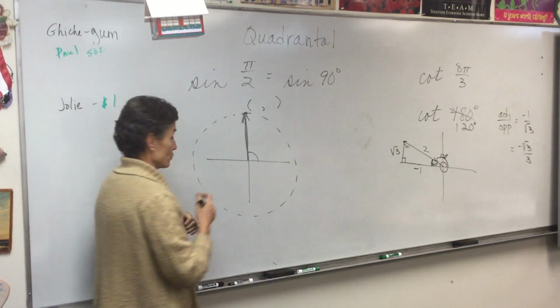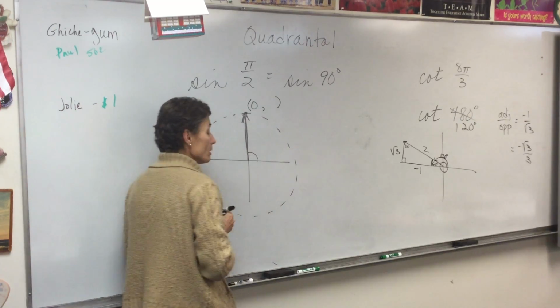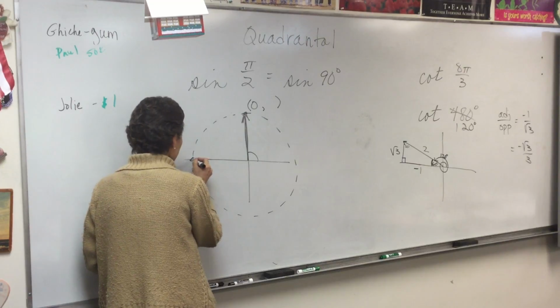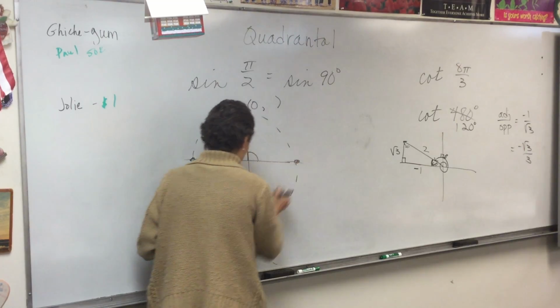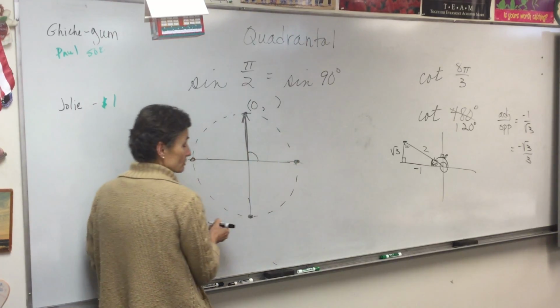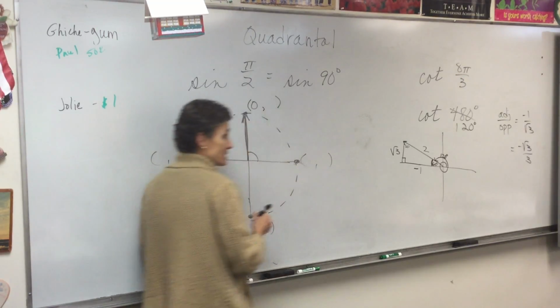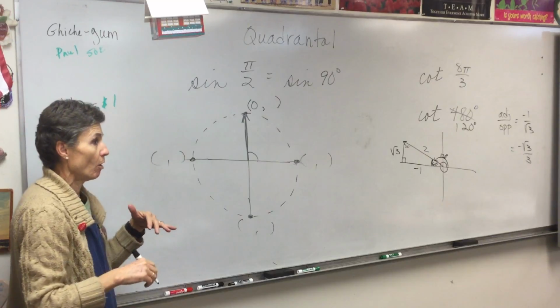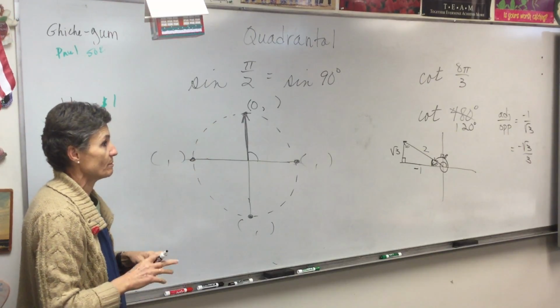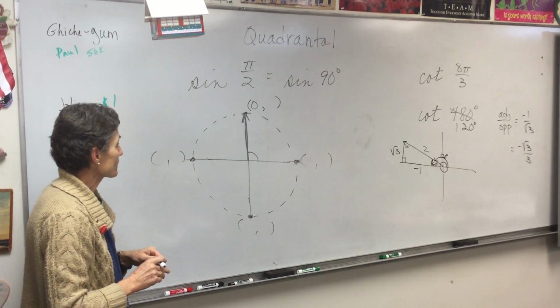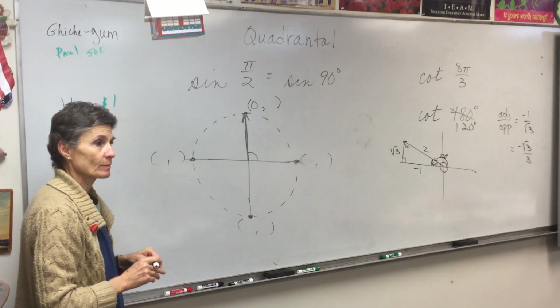X is 0, for sure, X is going to be 0. And in fact, when we think about all of the quadrantal angles, will one of the coordinates always be 0, no matter which one of those we were on? Yeah. What about the other one?